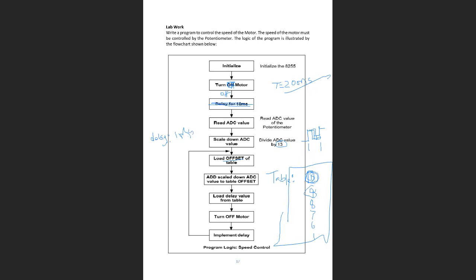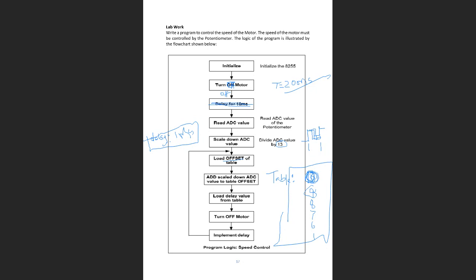We have a delay subprogram for 1 millisecond, for example. At the beginning, the motor is off. Then we load this value, and for example, this value is 10. So for 10 millisecond, the motor is off.